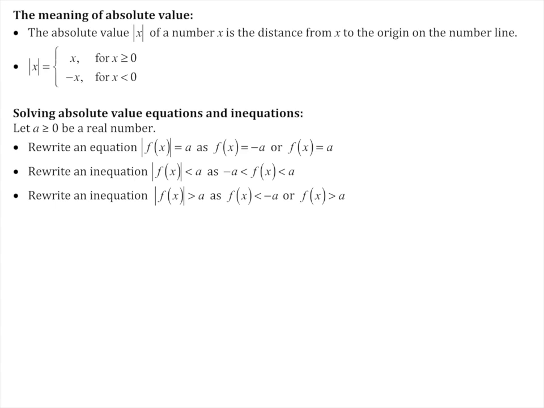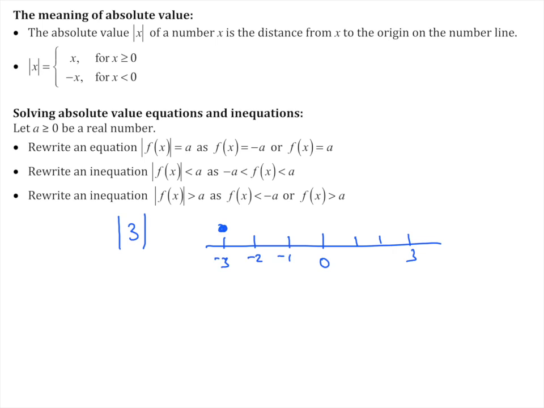Now, let's just do a recap a little bit on absolute value. When we're talking about absolute value, if I said the absolute value of 3, that actually represents how many spots can you be 3 units away from the origin.